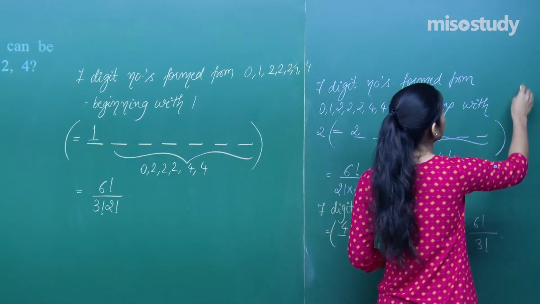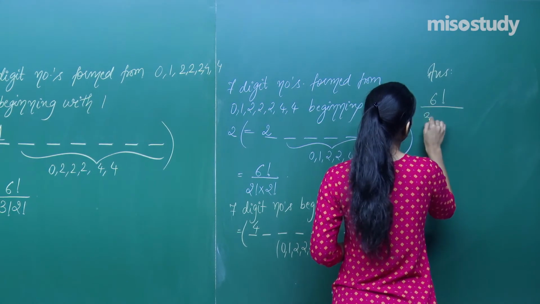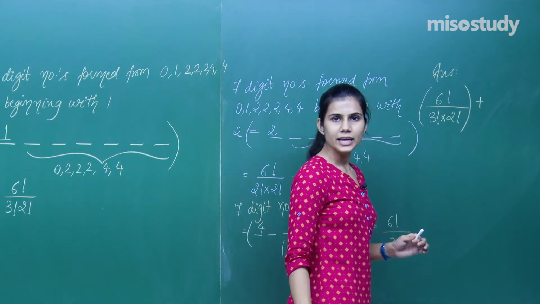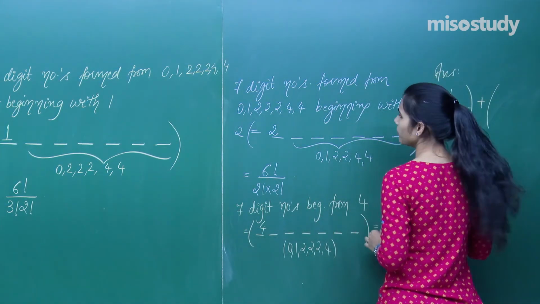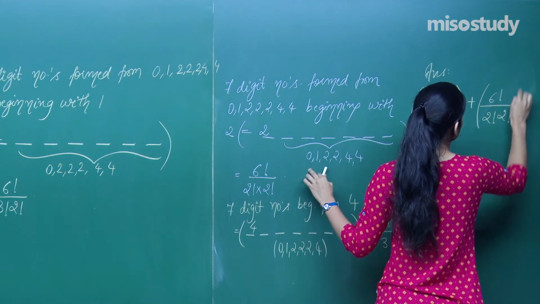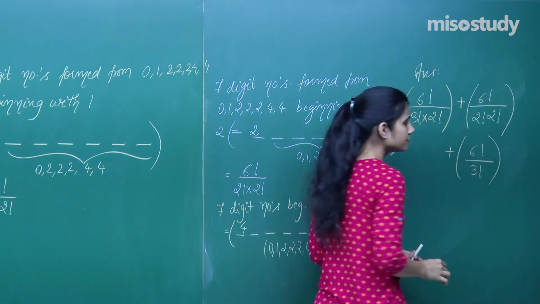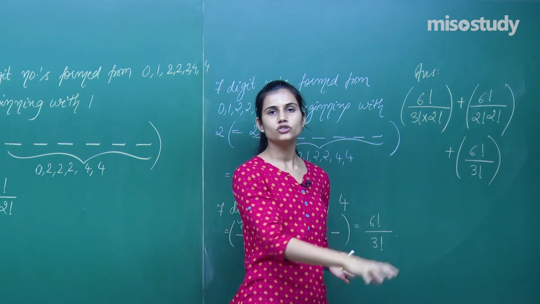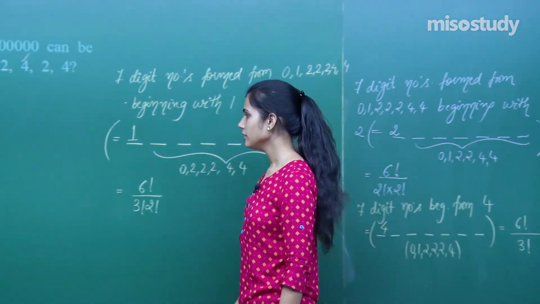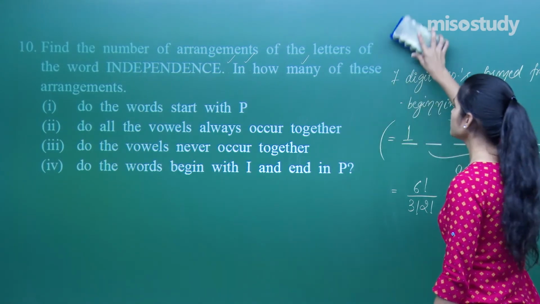It is 6 factorial upon 3 factorial into 2 factorial, number of ways in which job 1 can be performed, plus number of ways in which job 2 can be performed, plus number of ways in which job 3 can be performed. Because job 1 or job 2 or job 3 can be performed in this plus this plus this, these many ways. Clear?